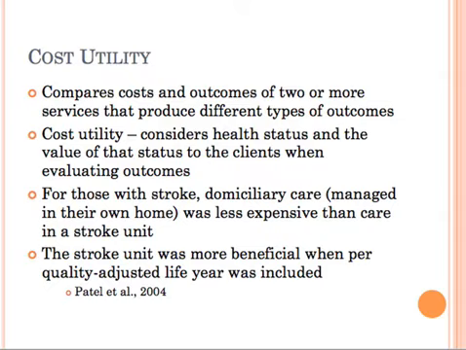So, it was not only the expense. Economic analyses don't always look just at the cost or the expense, but they also may look at the quality adjusted life year. So what is the quality of that person's life?